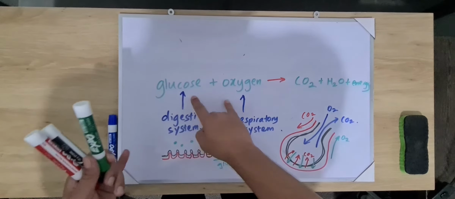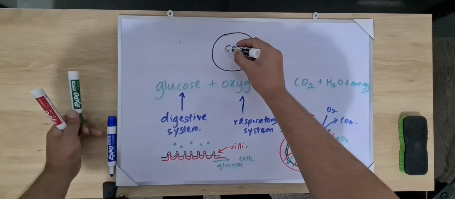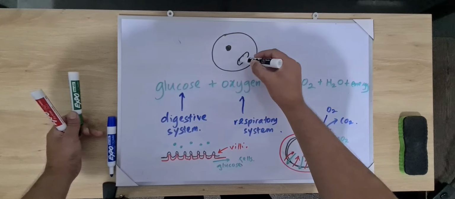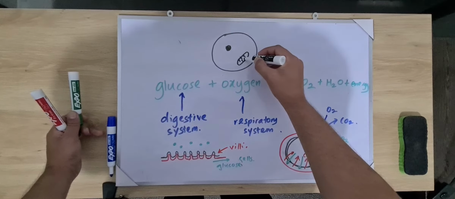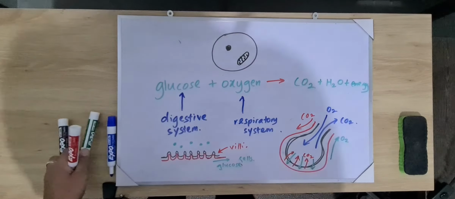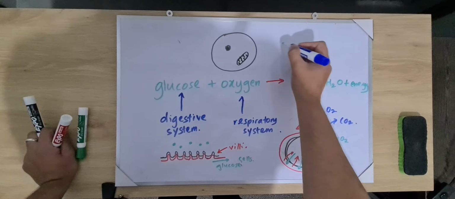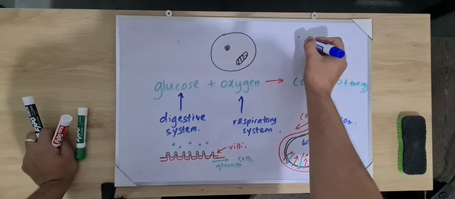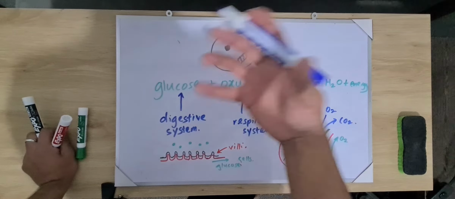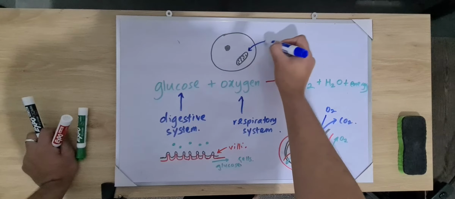Once these are present in our cell, so let's just imagine we've got our cell over here with our nucleus, a special organelle called the mitochondria helps take in the oxygen molecules and glucose. Remember, our heart pumps blood through the rest of our body from the right ventricle, and it'll eventually reach the mitochondria.